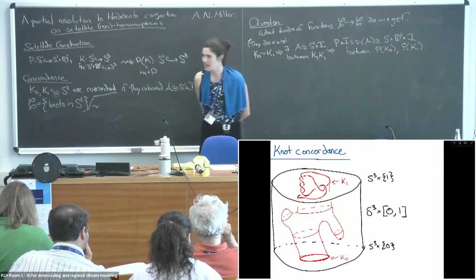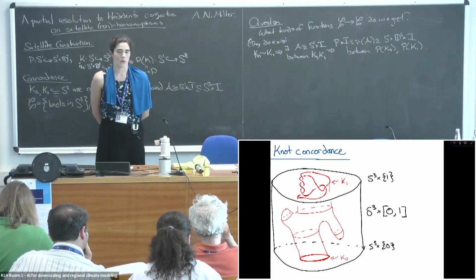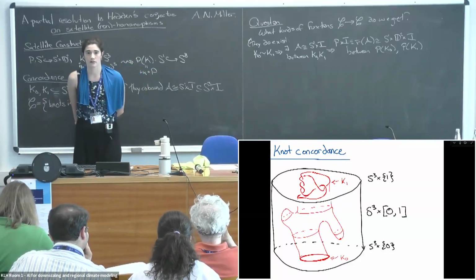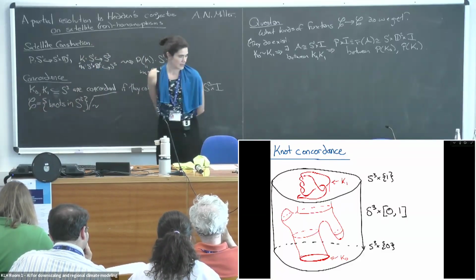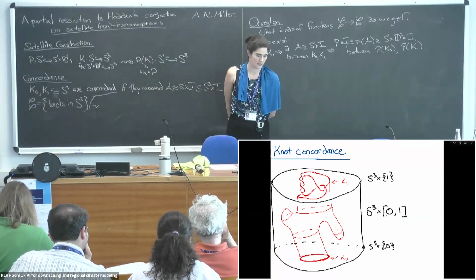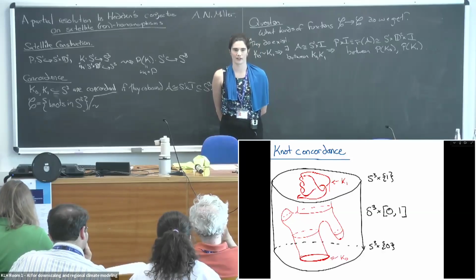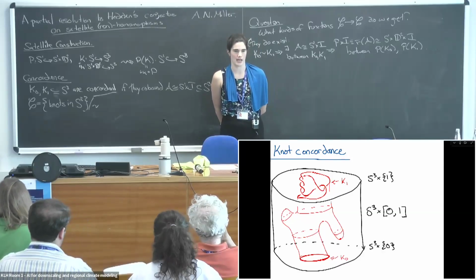So actually, we don't need to put any conditions on our patterns. No matter what, we get a well-defined function on C. And I think I should pause here because these are the major players. And if you have a question, it would be an excellent time to ask it.